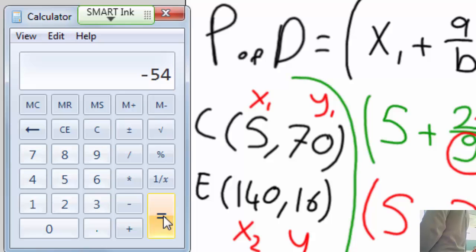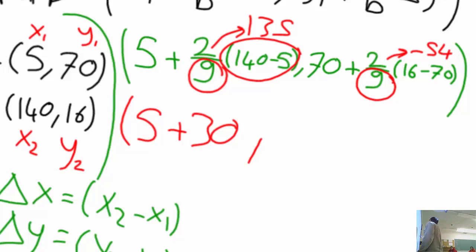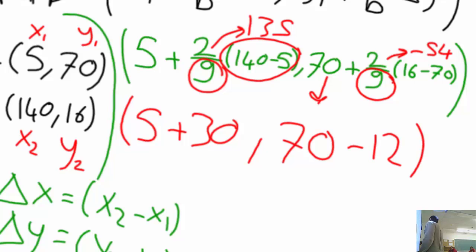Minus 54 times 2 is this, divided by 9 is that, minus 12. So I'm going to write down 70, that comes from here, minus 12.